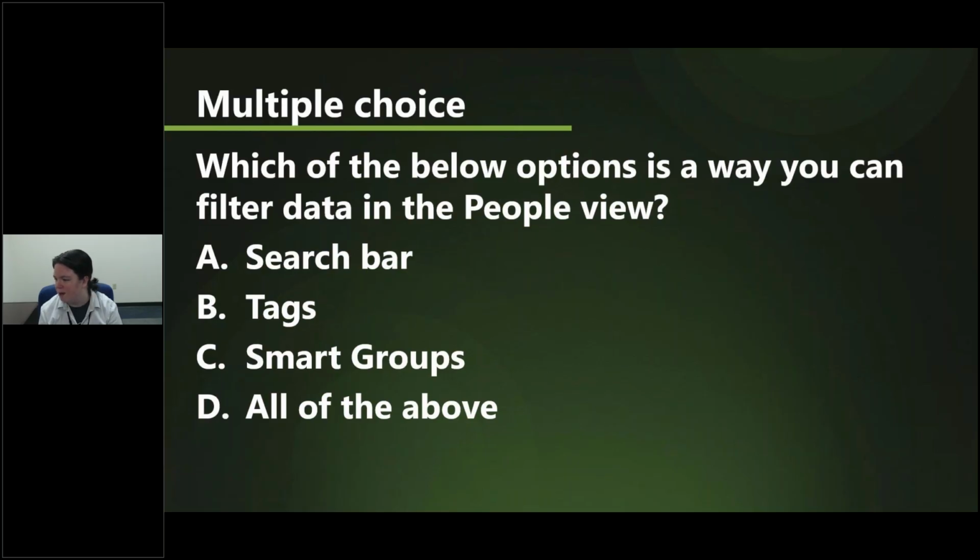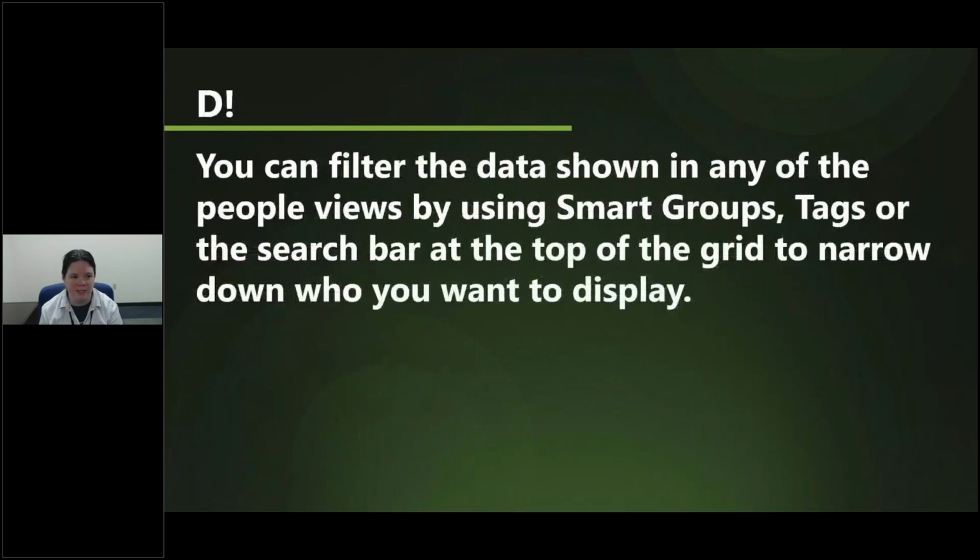Okay, looks like everybody already knew, so I'll go ahead and end that poll. Everybody unanimously said D. It is all of the above. You can filter by smart groups, filter by tags, and filter by searching for particular people and looking in all of the visible columns that are available. So those are definitely all three available so that you can choose those.